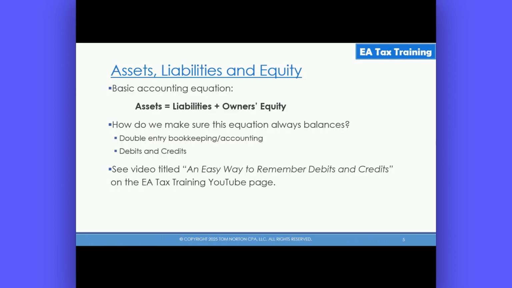Is it absolutely necessary? No, it is not necessary. You may have a question or two on the EA exam that has to do with debits and credits. They might say, should you debit this account and credit this account or something like that. Even if you miss those one or two questions, you can still easily pass the EA exam. So it is not necessary.